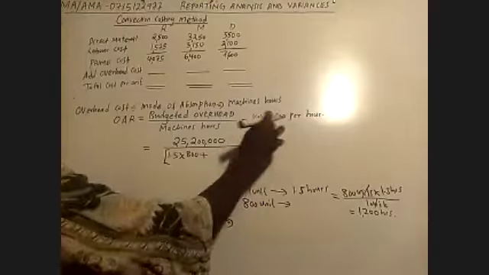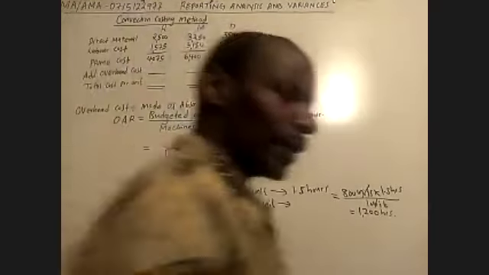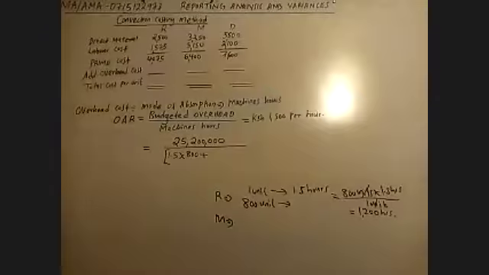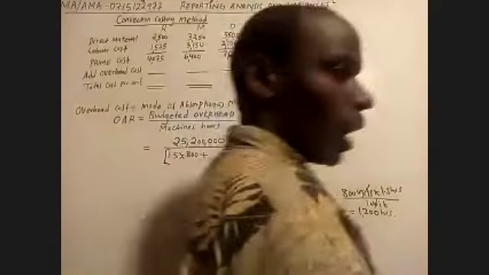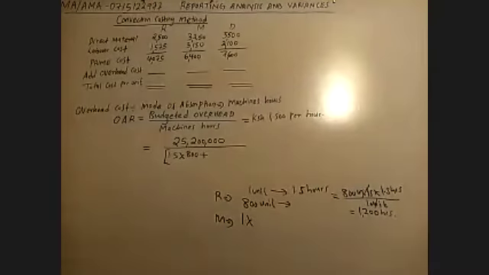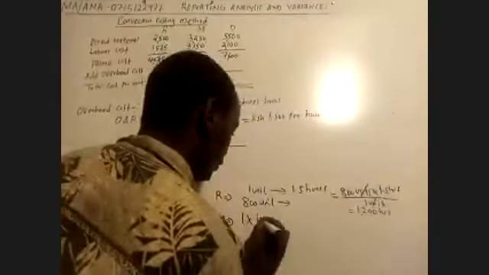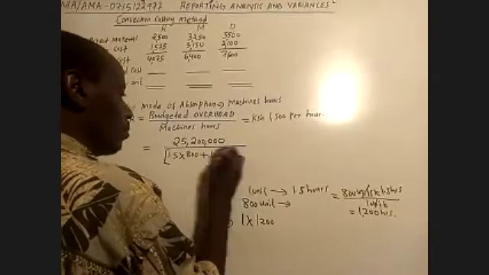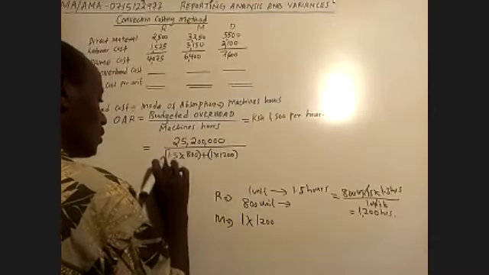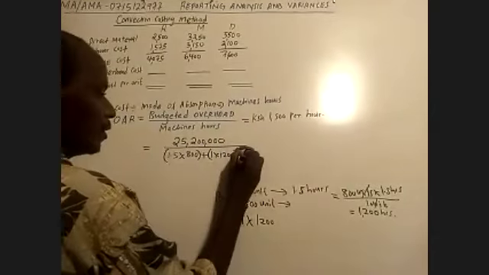Tuende kwa pili M. Tuende kama utapata the same answer. Now how many hours? The hours here naona ni 1 hour per unit. So how many units are there? 1,200. So it will be 1 times 1,200.